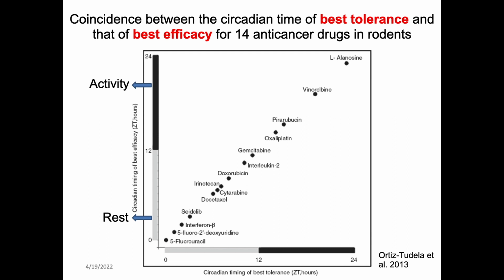So we can see that these are the drugs which are better tolerated at the rest span, and the drugs have the best efficacy during the rest span. However, the remaining drugs are very well tolerated during the active span of the mice, and the effectiveness of the drug is again maximum during the activity span of the mice.